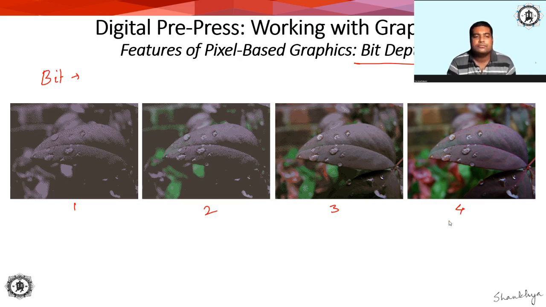Now, the primary difference or the primary aspect of image quality, as you can see from image number 1 to image number 4, is the number of colors. If I ask you, in picture number 1, how many colors does this picture contain? Will you be able to say?